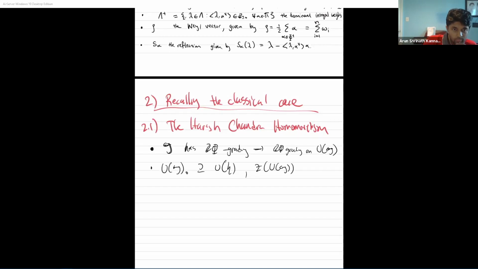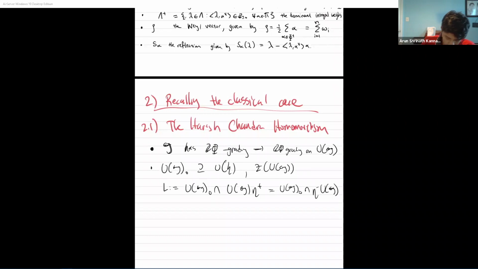So U(g)_0, well, let's say this. We can define this two-sided ideal, U(g)_0 intersect U(g) n plus. It's an exercise to check that this is the same thing as U(g)_0 intersect n minus U(g), and that this is a two-sided ideal.